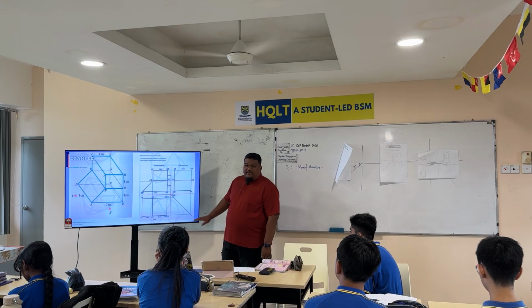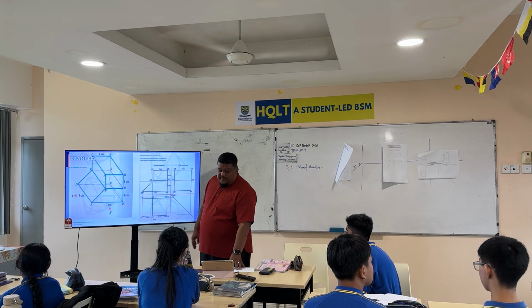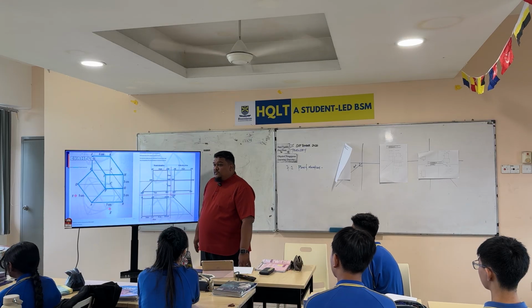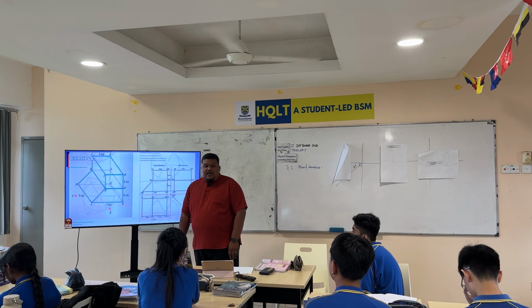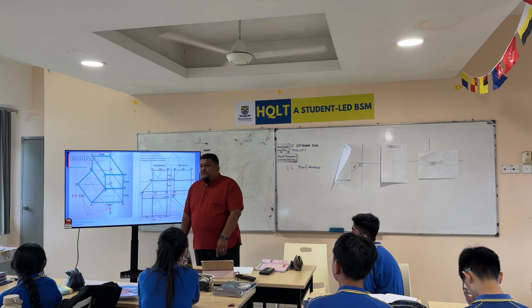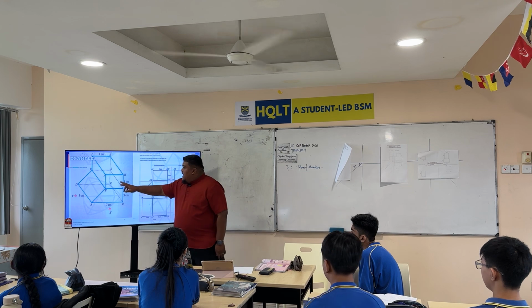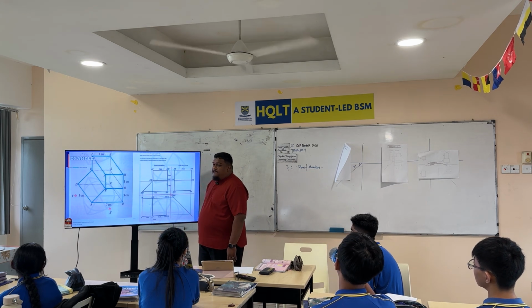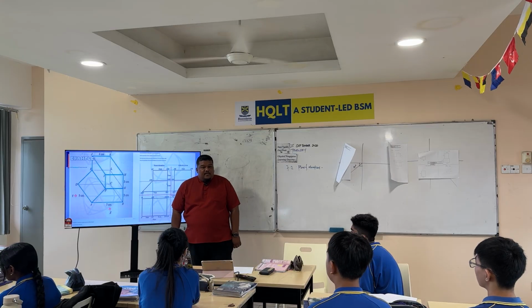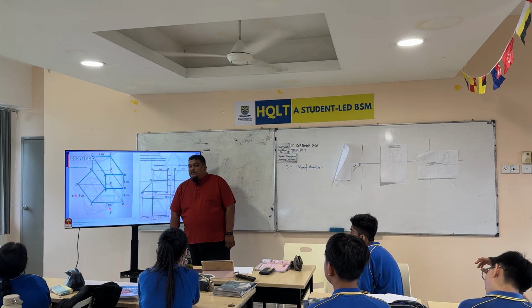However, in our final exam paper, it needs to be centimeter accurate. Labeling also needs to be accurate. If you have IJ here, then you have to put IJ. Centimeters also have to be accurate.